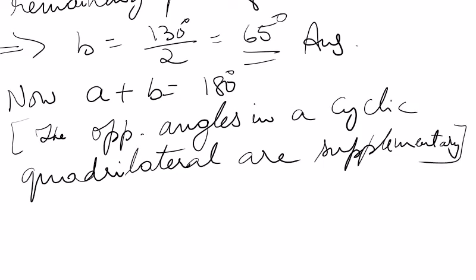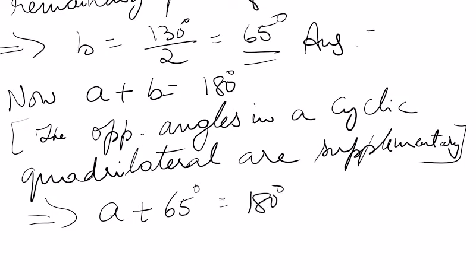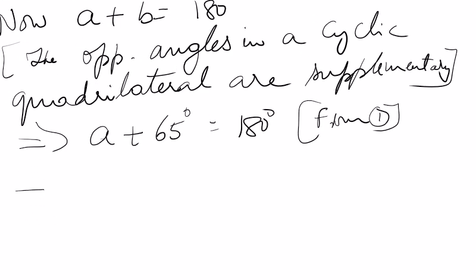So this implies we know B is 65. So A plus 65 degrees is equal to 180 degrees. If you number this as 1, from 1, okay, so this implies A is equal to 180 degrees minus 65 degrees.